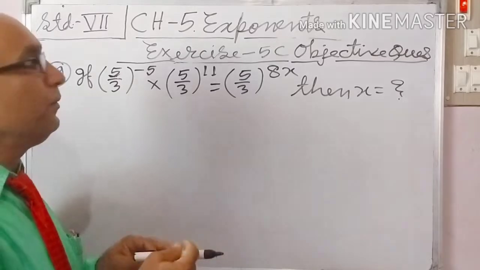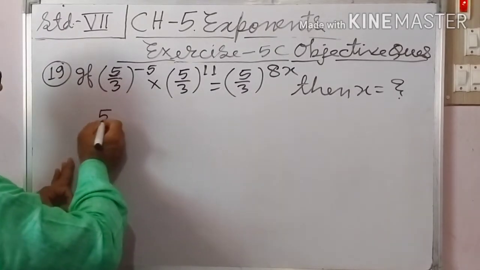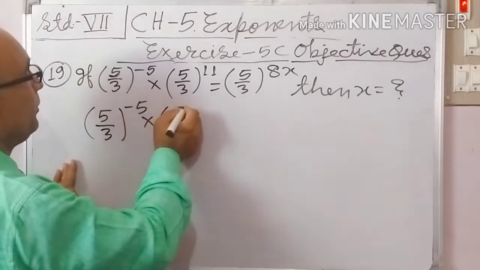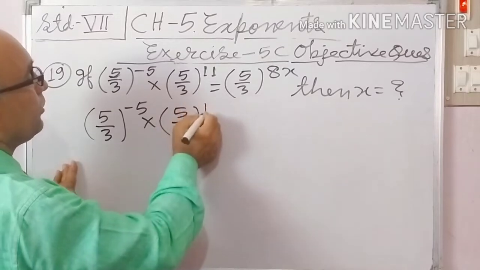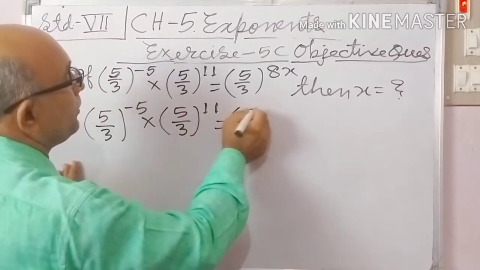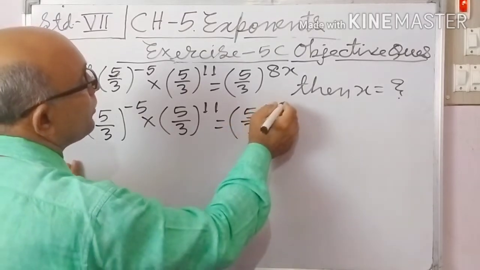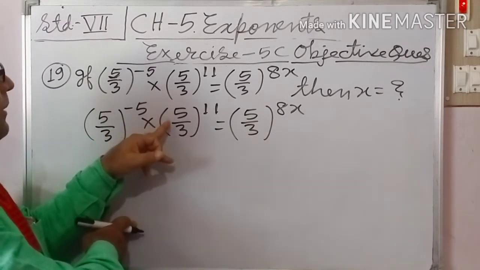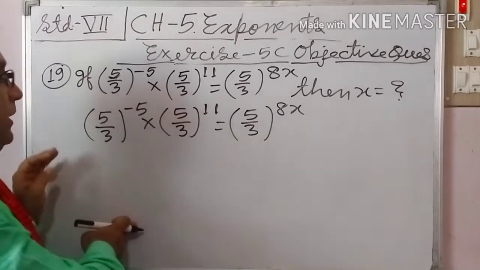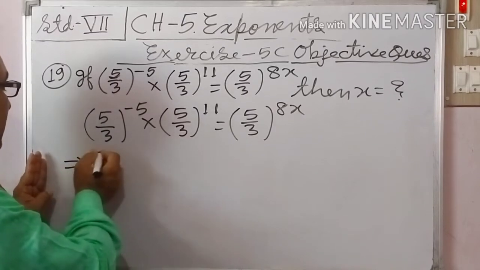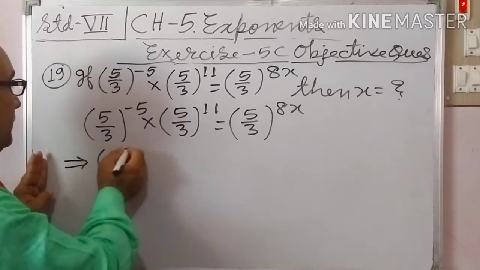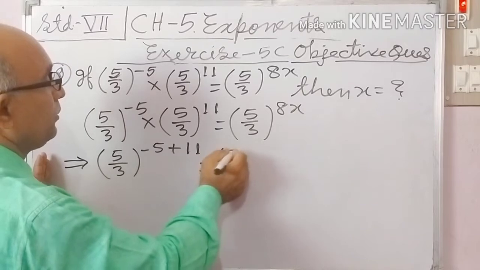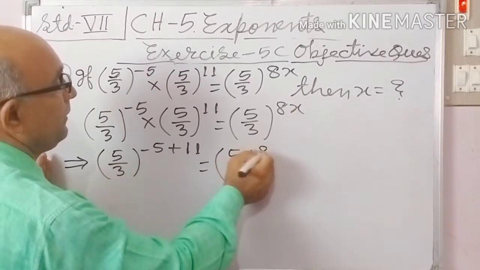That means find the value of x. a by b to the power m into a by b to the power n equal to a by b to the power m plus n. That implies 5 by 3 to the power minus 5 plus 11 equal to 5 by 3 to the power 8x.